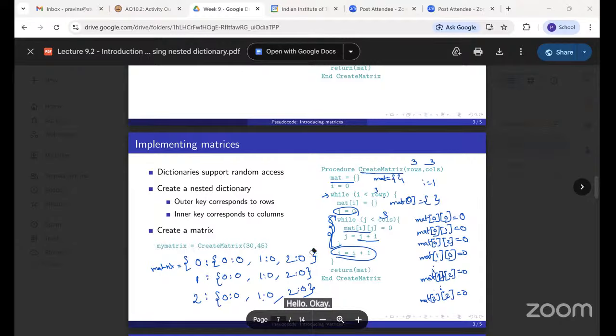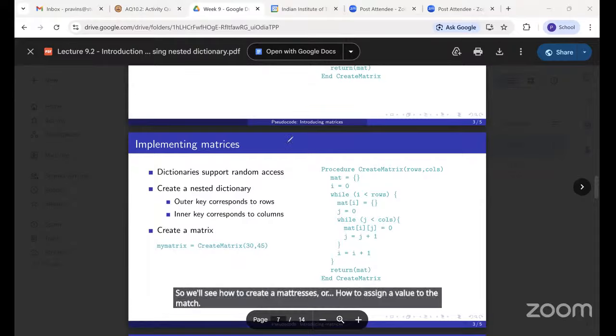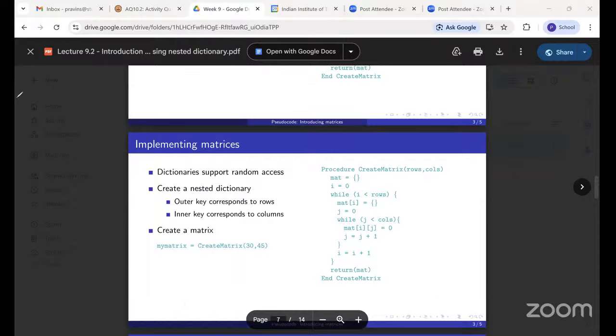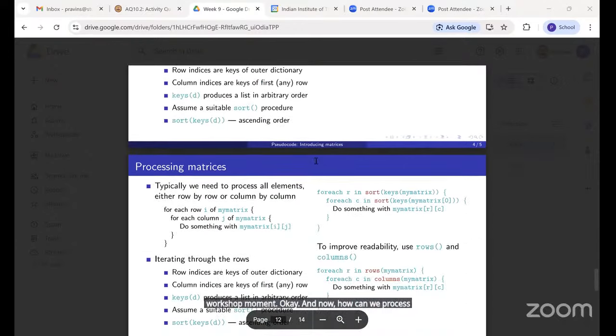So once this matrix has been created, we'll see how to assign a value to the matrices. Now, how can we process something on that matrices?